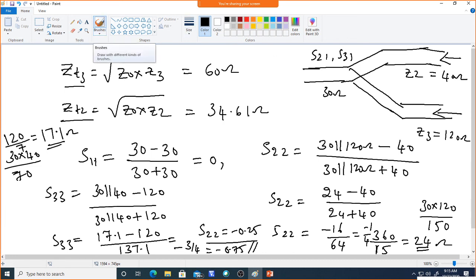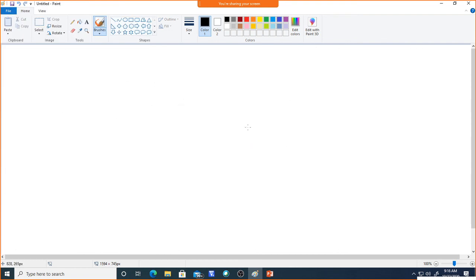So S21 will be equal to S12, which is equal to the ratio of P2 by P1 into e power j theta, because it is passing through that lambda by 4 transformer.